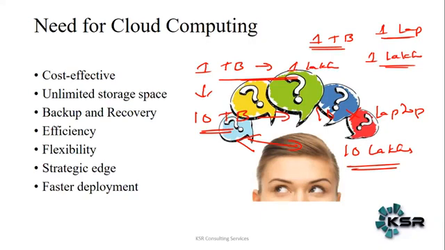Can I? No. Why? Because continuously the data storage is going on and my expenses are also going on, expenses in terms of laptops. Okay, that's fine. Tomorrow it changes to 100 terabytes. I'll buy 100 laptops, 100 lakhs.